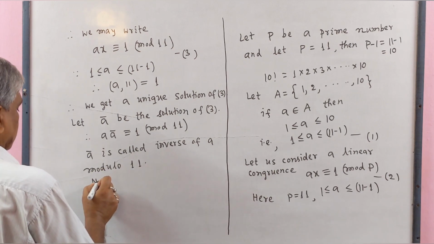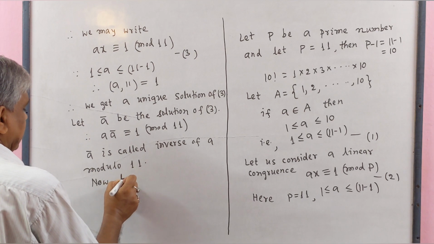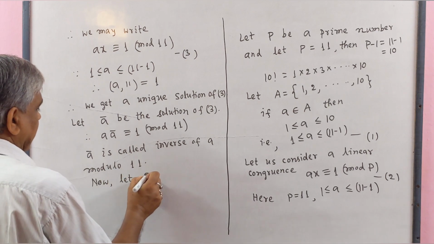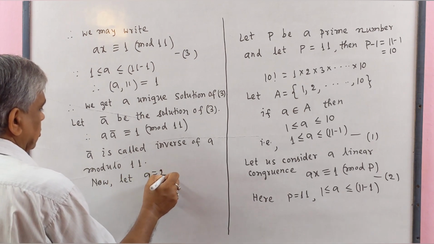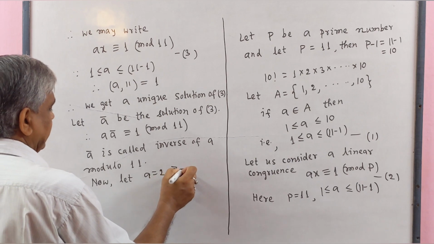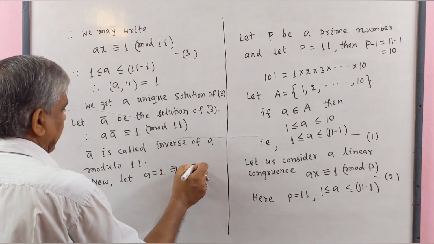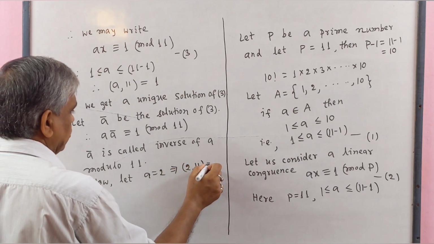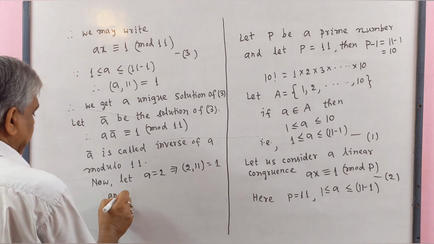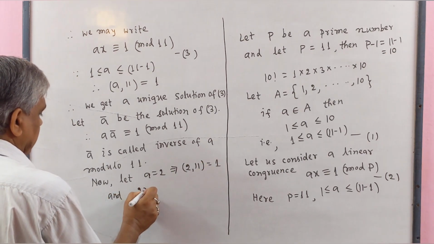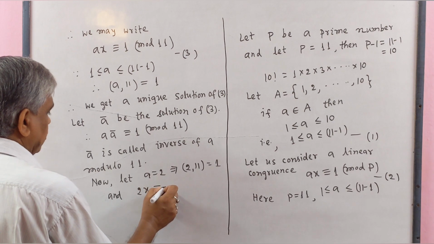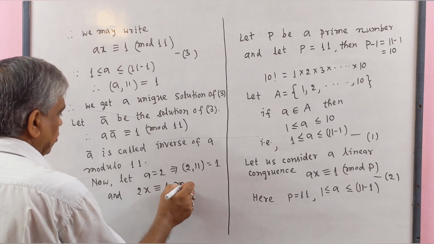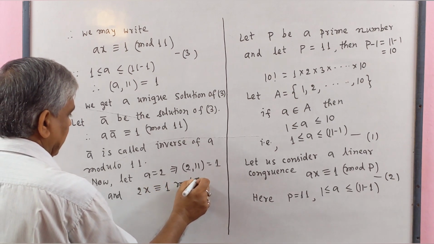Now, let a equal to 2. This implies that GCD of 2 and 11 equal to 1, and 2x congruent to 1 modulo 11.